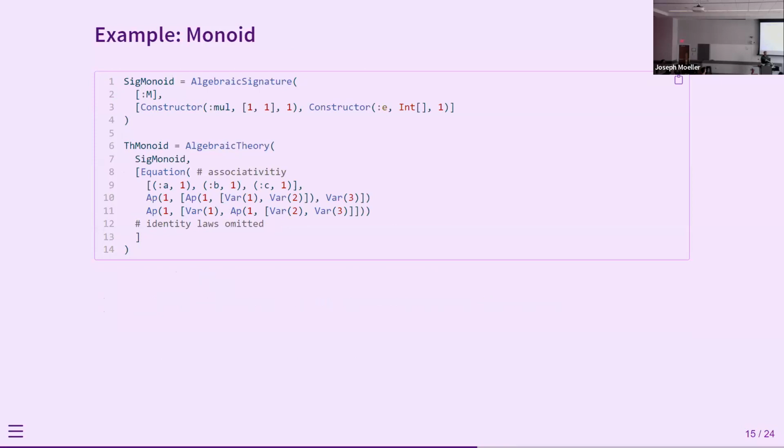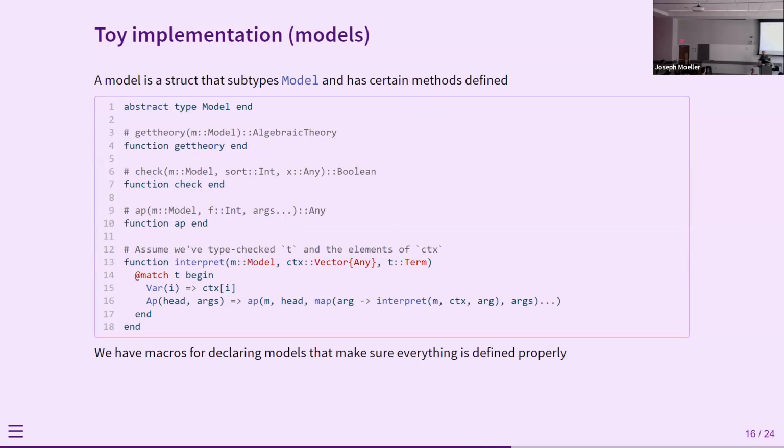Okay, so that was all the data structures. But now what is a model? Well, the way we're going to work with models is via multiple dispatch in Julia, which basically allows you to overload functions on data types. So we're going to attach all of the functions that need to be implemented for a model to a model struct, which is going to be a subtype of model.